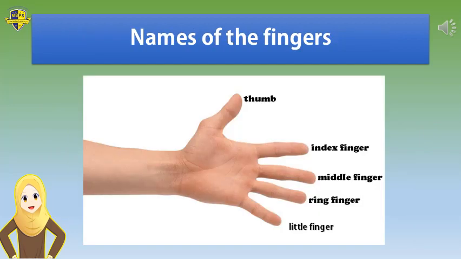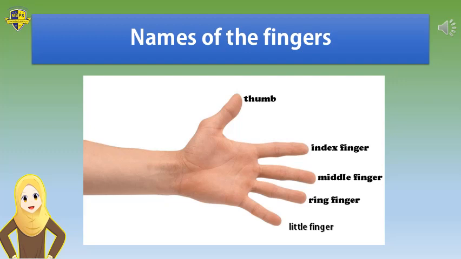Friends, let's revise the names of the fingers. This slide will help us in the next slide. So let's revise. Can you open your 5 fingers of your right and left hand? Yes, good. So the first is thumb. Please repeat with me. Thumb. The next finger is index finger. Index finger. Great.